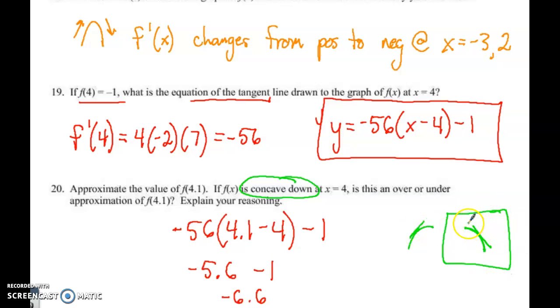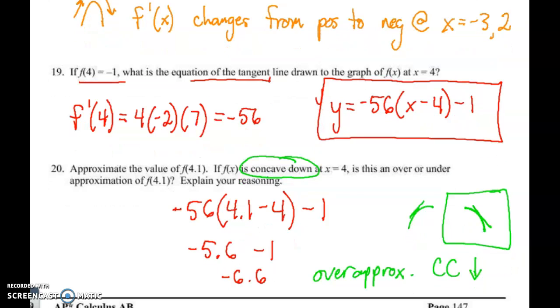But either way you draw it, the concave down, the downwards U, is showing you a tangent line that's above. So this would be an over approximation. Because it's concave down at x equals 4. That's your reasoning. All you have to do is say the function's concave down. The tangent line's above then.